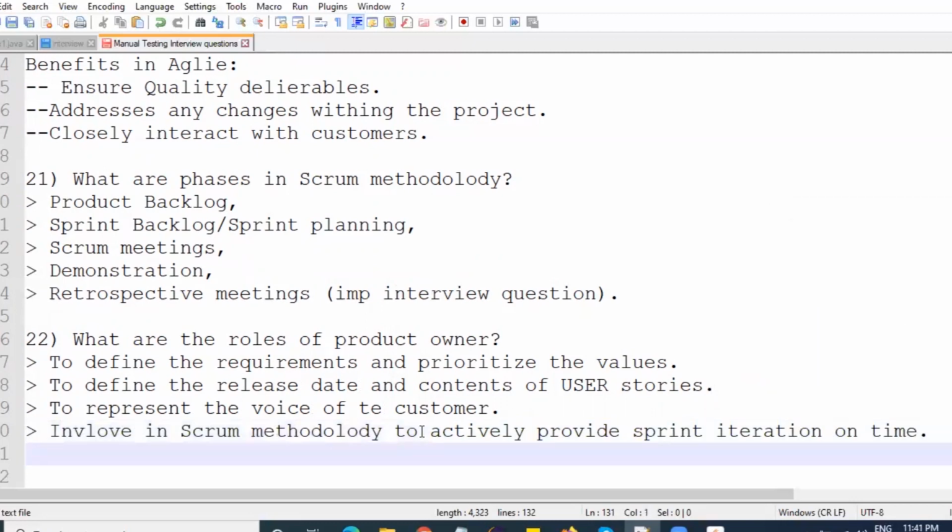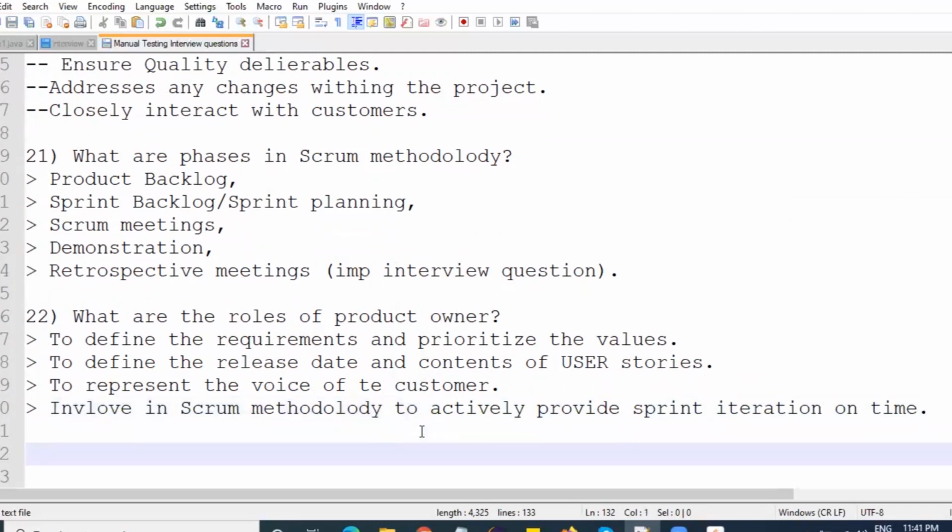These are a few roles and responsibilities of the product owner in Scrum methodology.